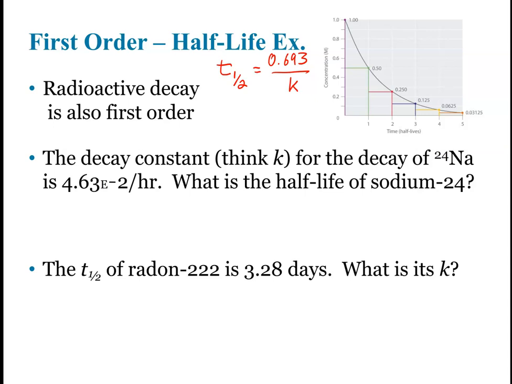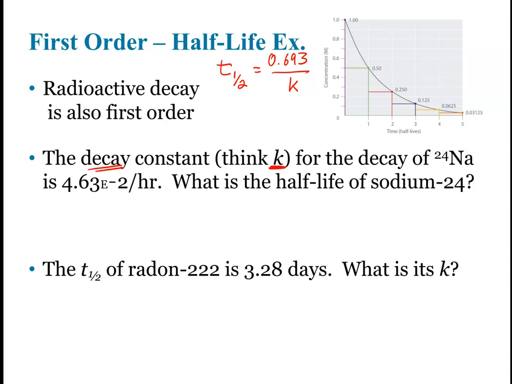That would mean that it has a constant half-life. Except that in the case of radioactive decay, the value for k, the rate at which these nuclei break down, is not called the rate constant, it's called the decay constant. Again, it's a nuclear reaction, and the nucleus of the radioactive element is decaying into a different element.